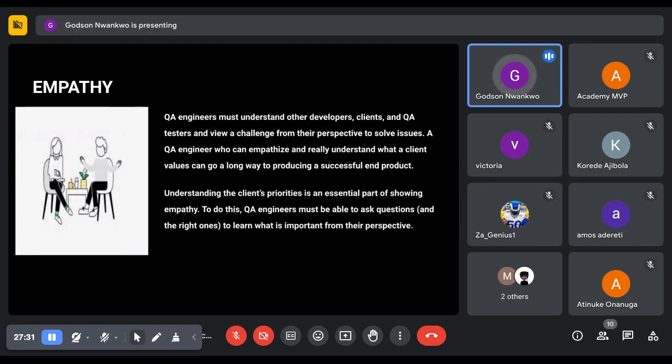I may not necessarily help them to write the code, although I can still do that, but asking them how they are, how the work is going, if they have had anything to eat, it gives them a sense of belonging. You see, you actually care about what they are doing, and you are actually intentional about them.